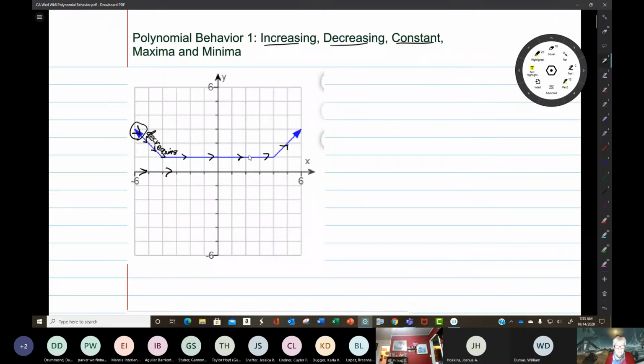A flat graph is constant. So this part of the graph is constant. And this part of the graph, as you read from left to right, is going up, so it's increasing.